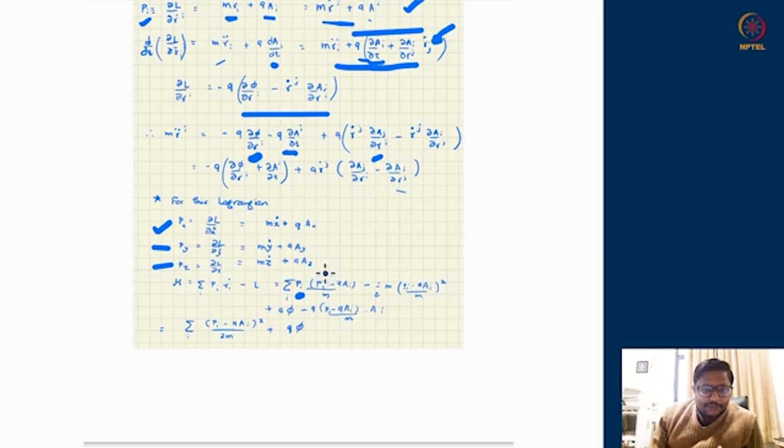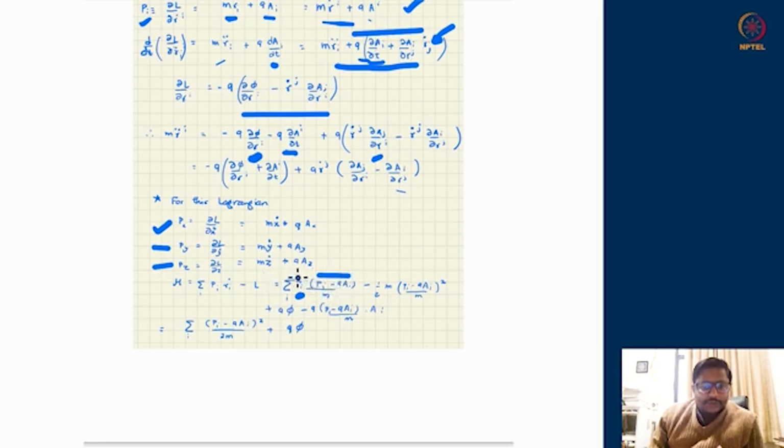I have to convert all the dots. x dot is nothing but Px minus QAx divided by m. So Px times x dot will be Px times Px minus QAx upon m.